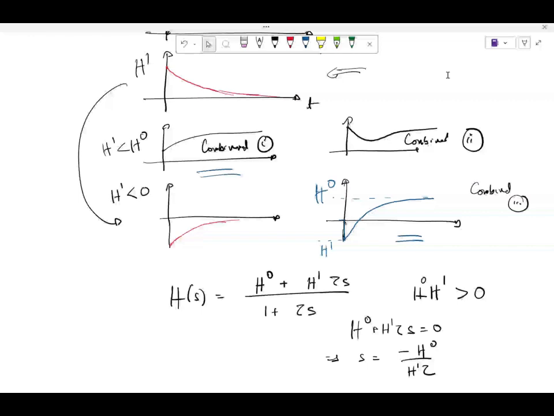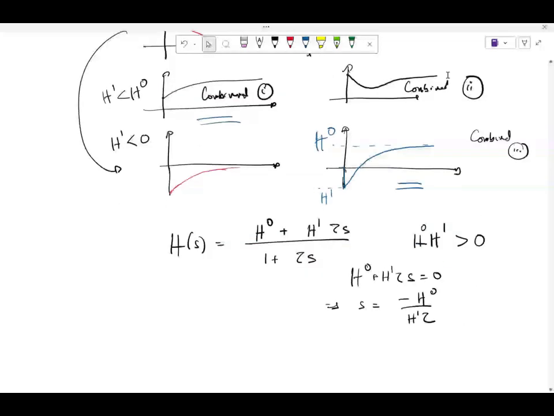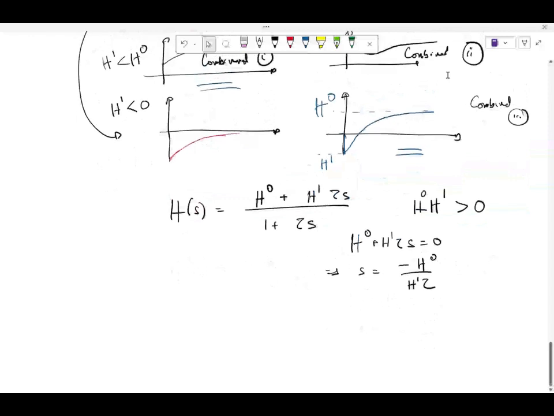So if you are not careful, two designers can come up with transfer functions having the same magnitude of H0 and H1 but opposite in sign.